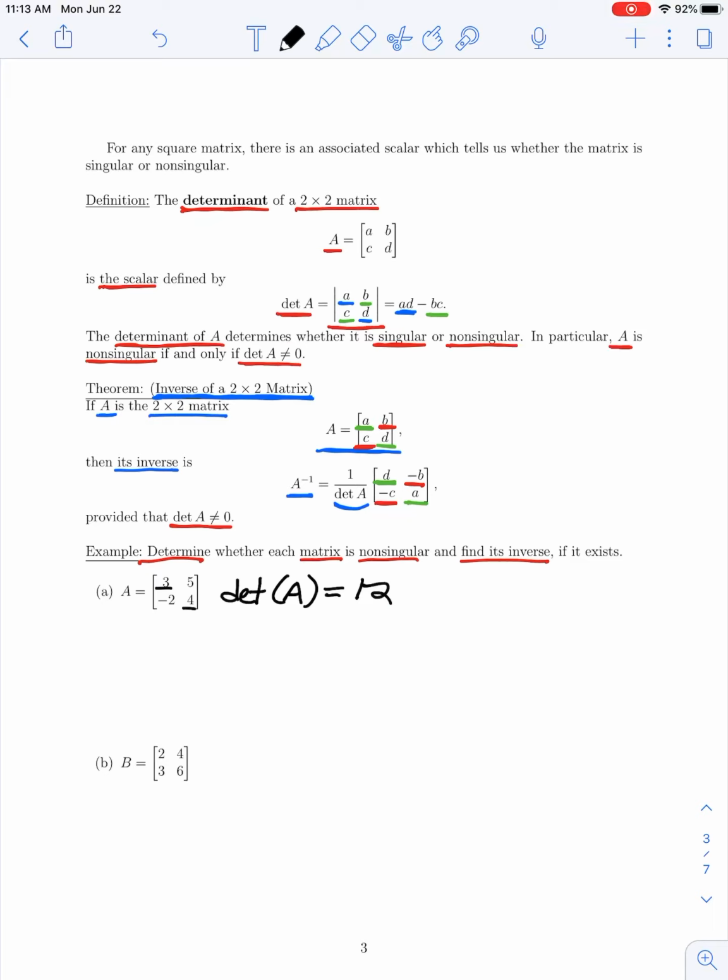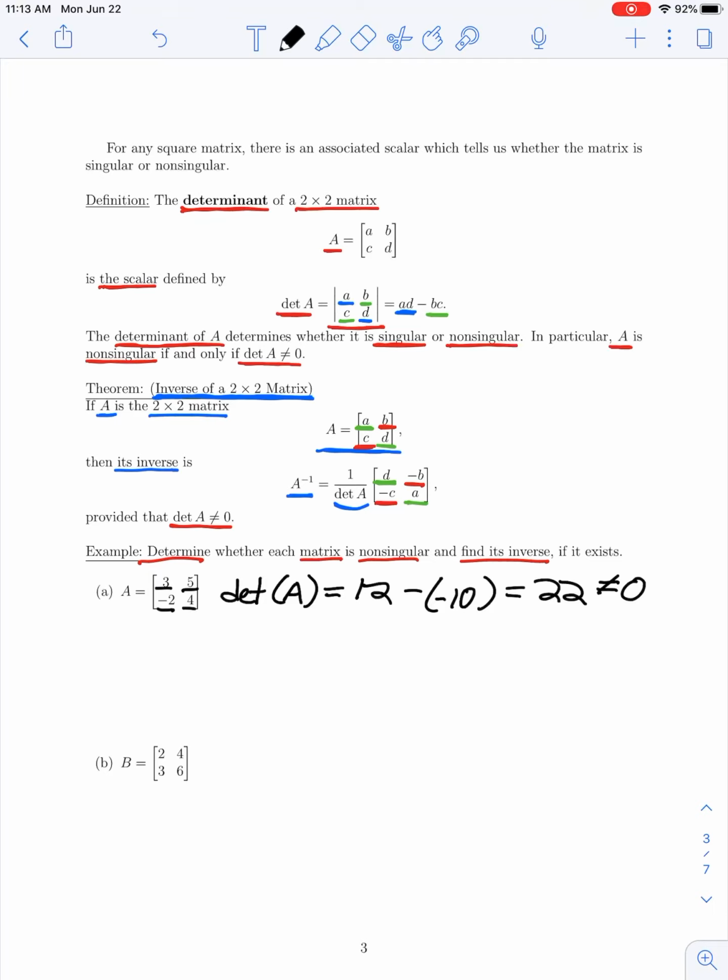So for a product, we have 12. And we subtract the product of the off-diagonals, which were 5 and negative 2. So we're subtracting a negative 10, or adding 10. And we have a determinant of 22, which is certainly non-zero.